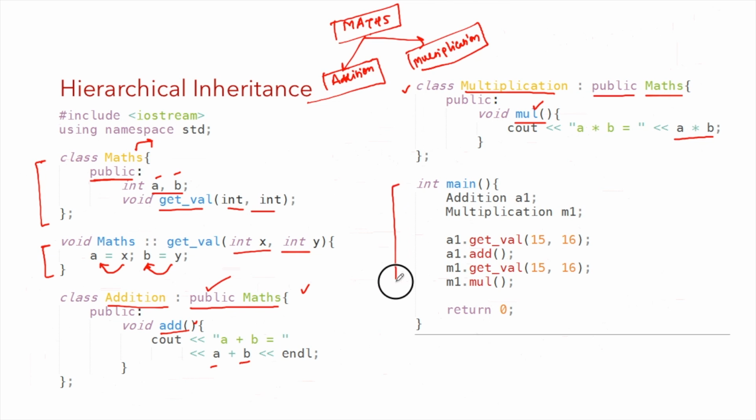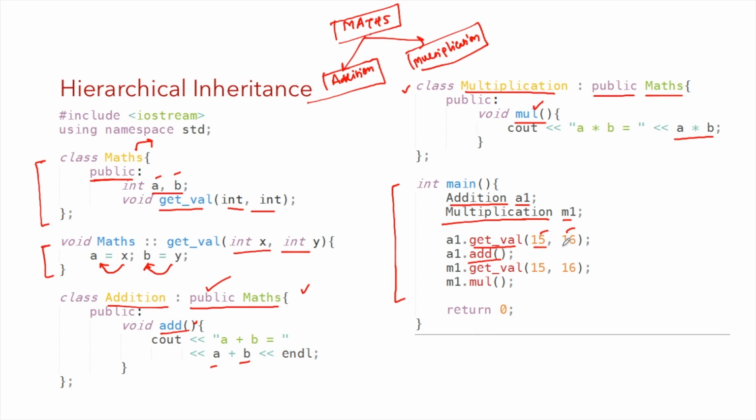Now inside your main function, we have created an object of type class addition, and we are calling it a1, and another object m1 which is of type class multiplication. Using object a1, we are calling function get_val, to which we are passing values, and then we are performing operation add.